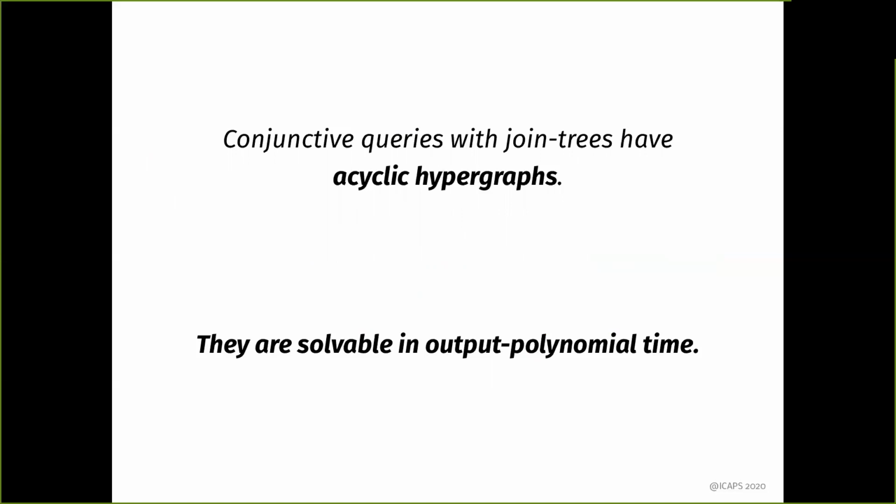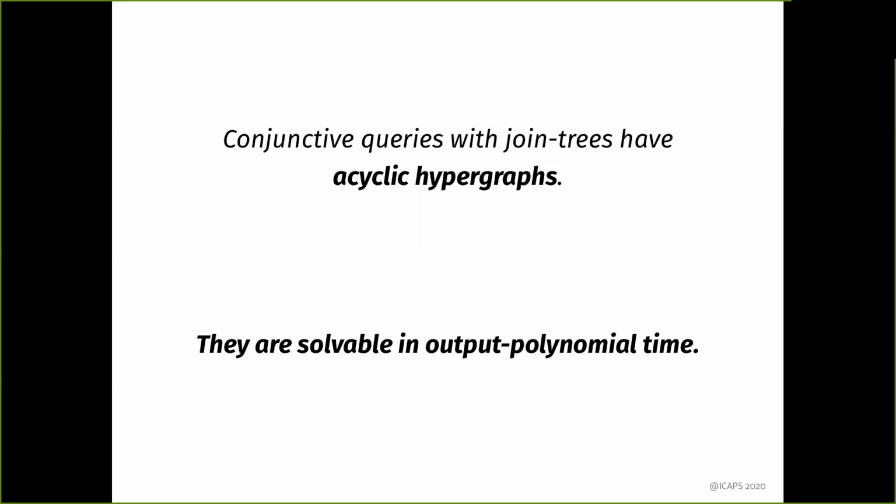And the good thing is that these queries are solvable in output polynomial time. What I mean by that is the time taken to solve the query is polynomial in the size of its output, or basically polynomial in the size of the final relation. So no intermediate relation will be exponential in size based on the size of the final join relation. So this is good.